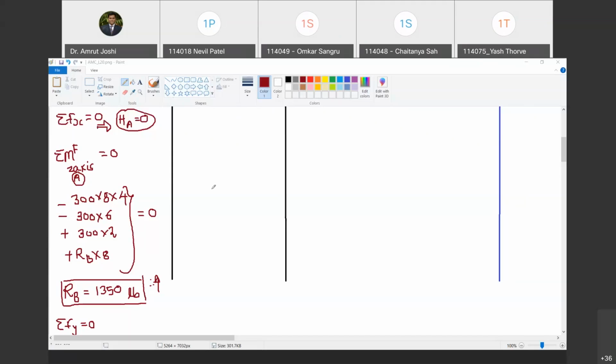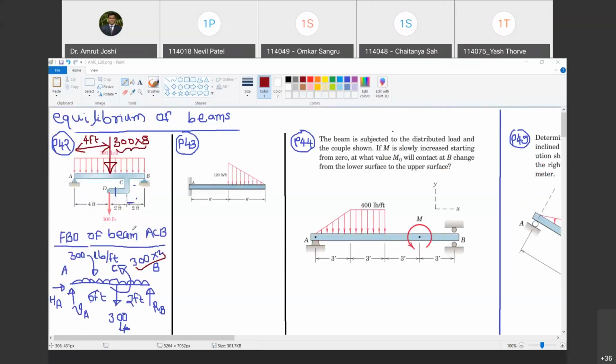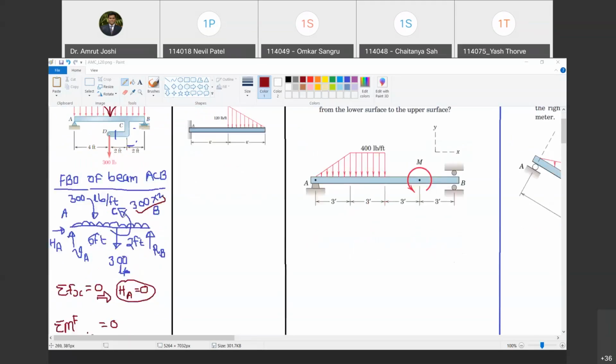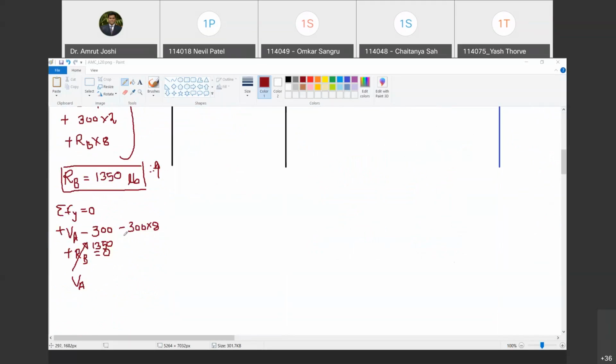The RB is correct, 1350, that's right. 300 into 8, that is 2400, plus 300 is 2700, minus 1350. No, I am getting VA as 1350 itself.